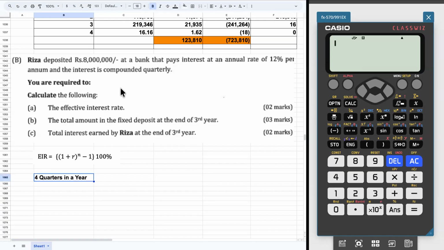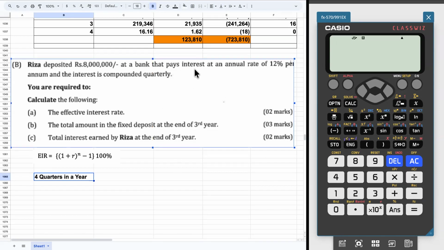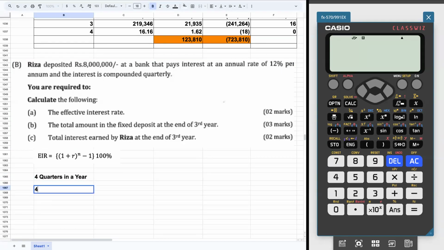So 12 percent per annum is compounded quarterly. So we have to take the quarterly interest rate. Our R value now has to be the quarterly value.